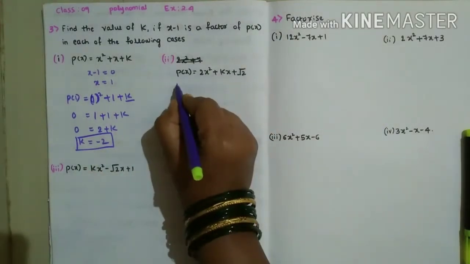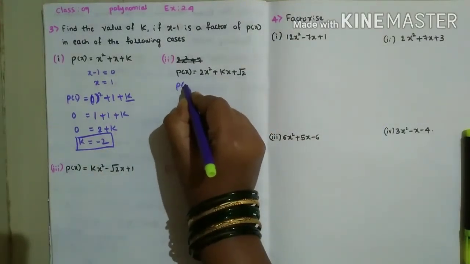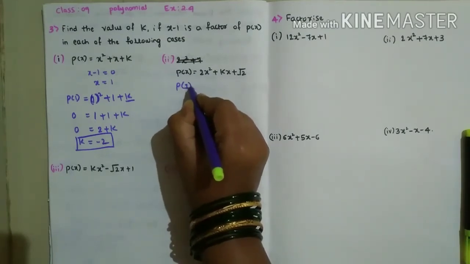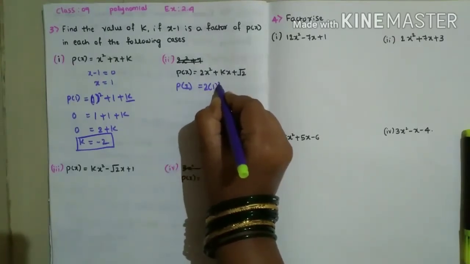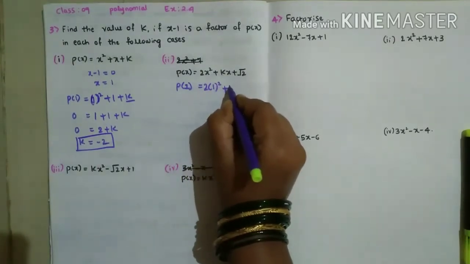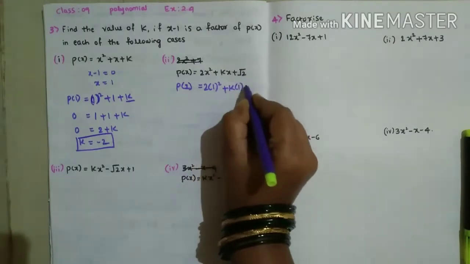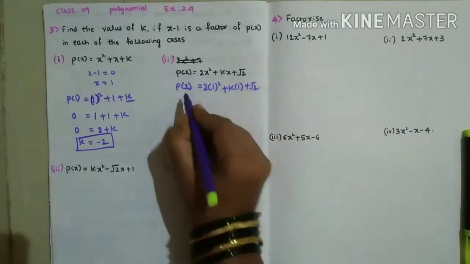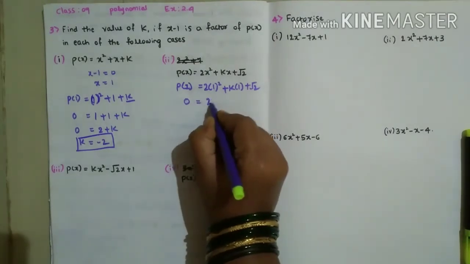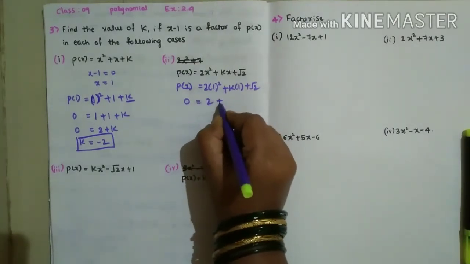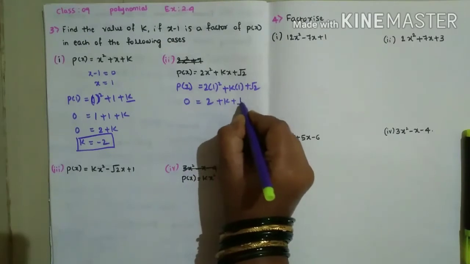Then here also p of 1 is equal to 2 into 1 square plus k into 1 plus root 2. Here also p of 1 is 0, equal to 2 into 1 square, which is 2 only, since 1 square will be 1, so k plus root 2.